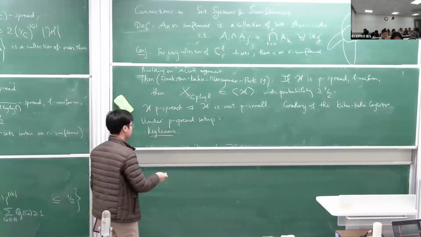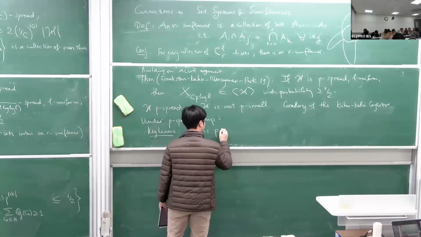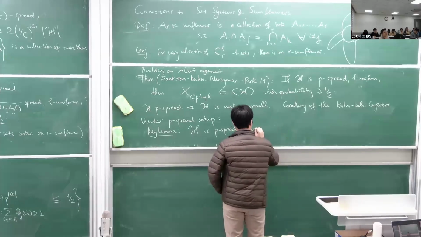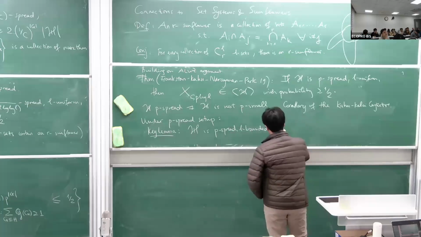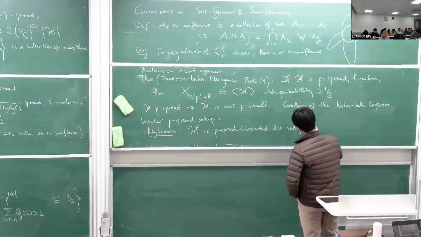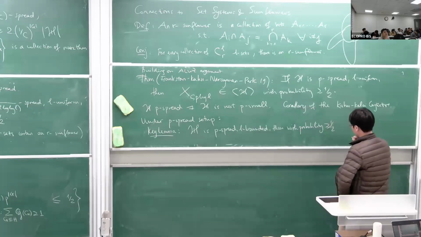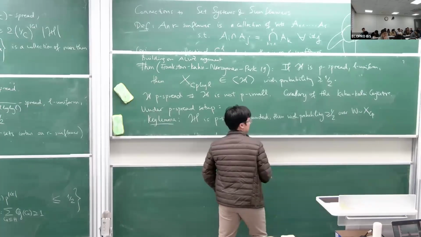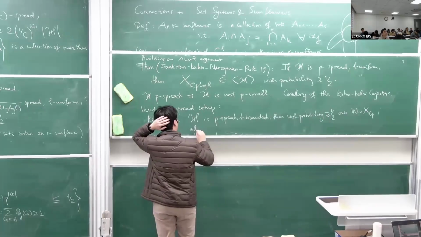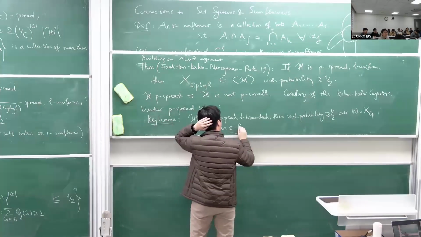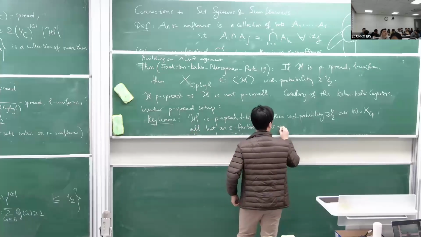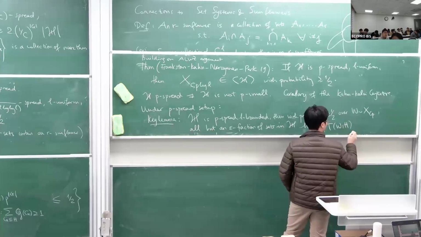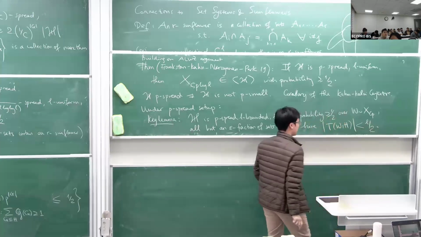So we can prove this new version of the key lemma, where if H is P-spread, L-bounded, so every set in H has size at most L, then with probability at least 1/2 over a subset W drawn according to this distribution X_P, you can show that all but an epsilon fraction of sets in H need to have the property that the corresponding fragment, remember, T of W, H, is small, decays by a factor of 2.